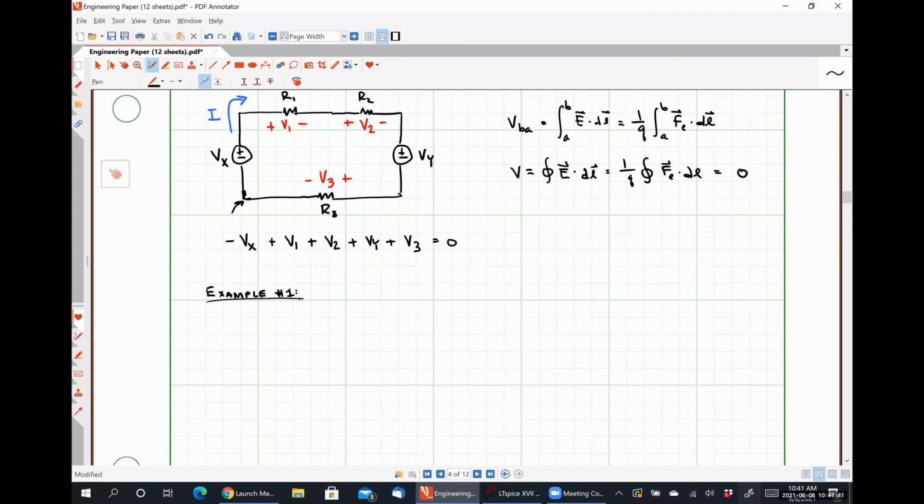So let's say that I have the following circuit. Where I have a 120 volt source. I have a 30 ohm resistor. I have a dependent source giving me a voltage of twice VA.